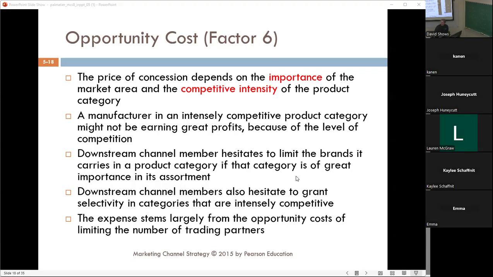It's the same thing about Best Buy. Best Buy wants as many as it can because that assortment is more important to it than making major money off of any single brand. And if I'm a downstream independent dealer, I can't expect to have exclusivity. It's just the nature of the area.